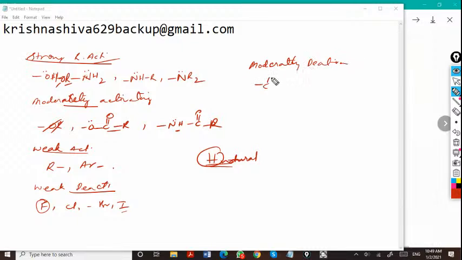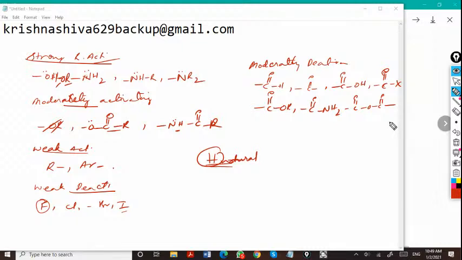Here, strong withdrawing groups like C double bond O: aldehydes, ketones, carboxylic acids and their derivatives. The derivatives are acid halides, amides, esters, anhydrides. These all are moderately withdrawing groups.